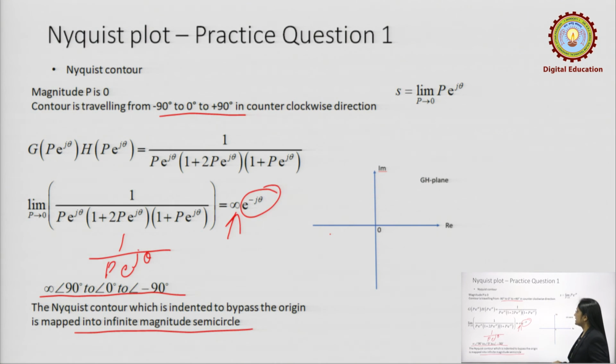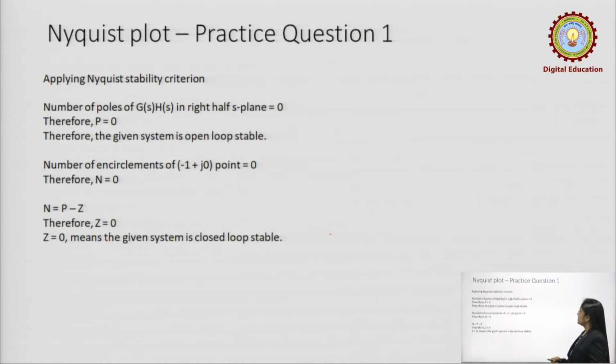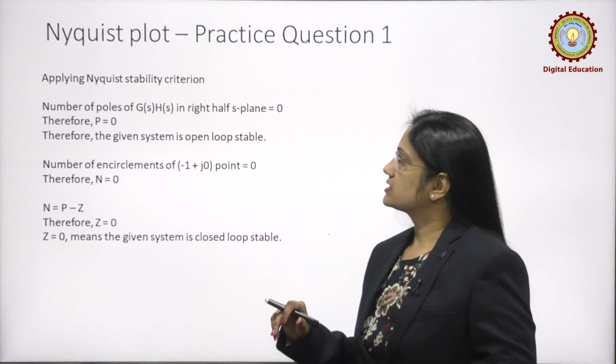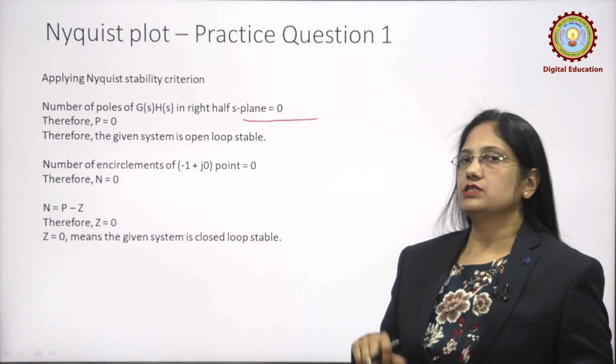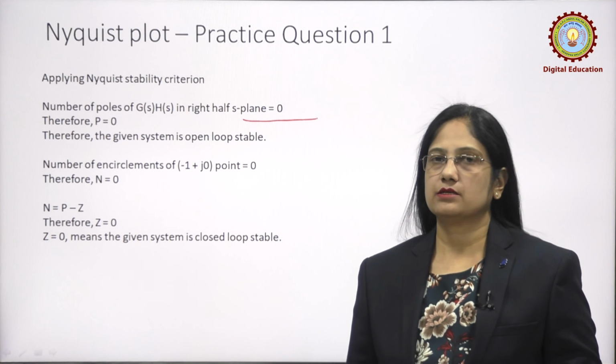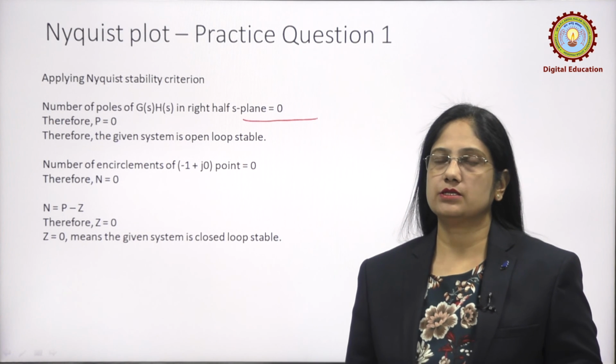Therefore, this is completed. It means that the number of poles of G(s)H(s) in the right half S plane for the given open loop transfer function is 0, because one pole is at the origin and the remaining 2 poles are in the left half S plane. Therefore, P is 0.